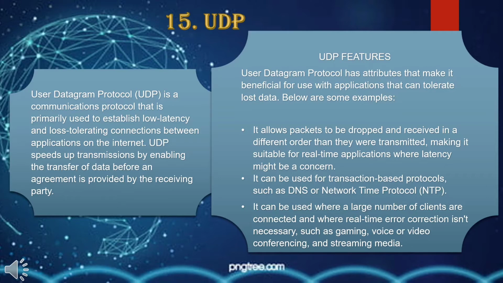It can be used for transaction-based protocols such as DNS or Network Time Protocol (NTP). It can be used where a large number of clients are connected and where real-time error correction isn't necessary, such as gaming, voice, or video conferencing and streaming media.